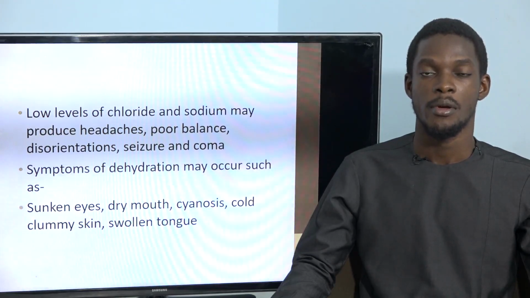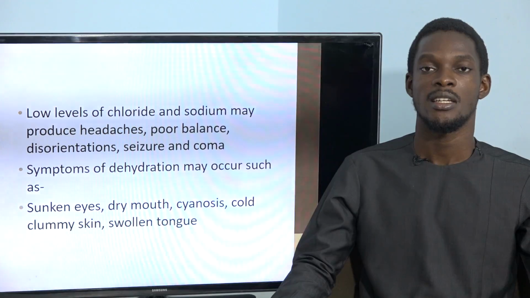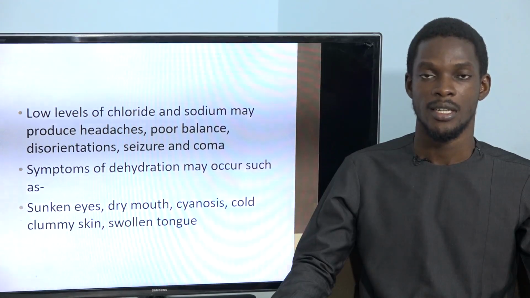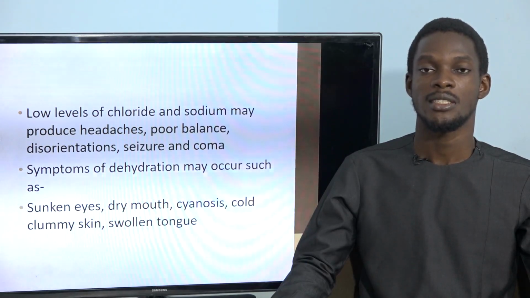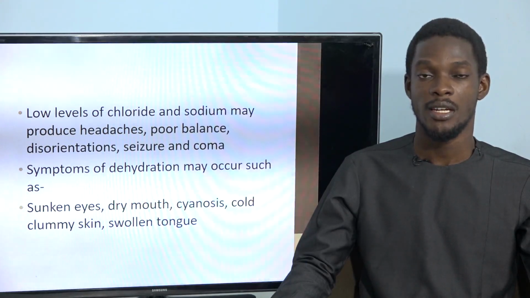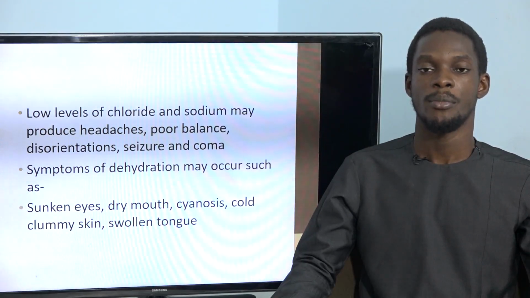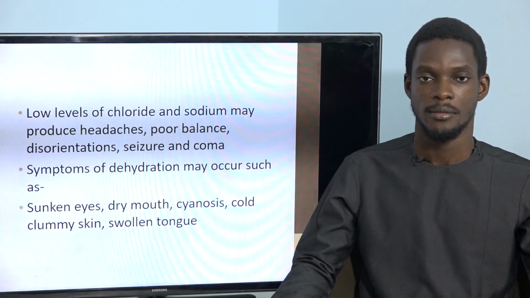Low levels of chloride and low levels of sodium may produce headaches, disorientation, poor balance, seizures, and coma. Remember that hyponatremia can easily cause edema within the brain. It can easily cause cerebral edema. And therefore, when you are losing excessive amounts of sodium and chloride, you can expect to have mental symptoms.